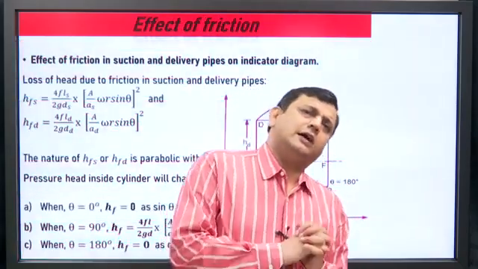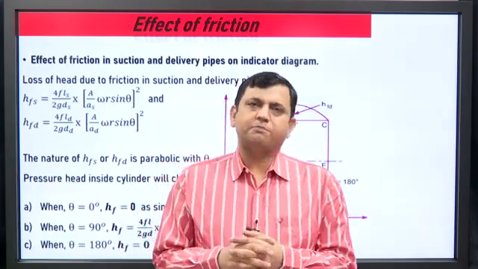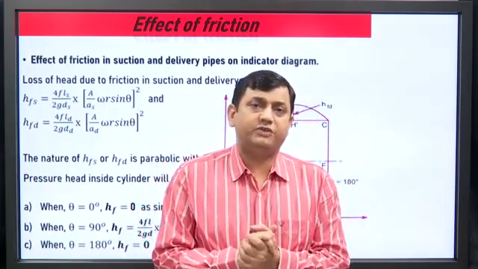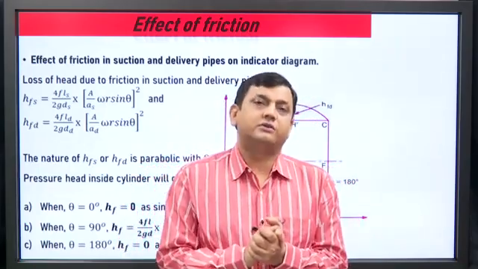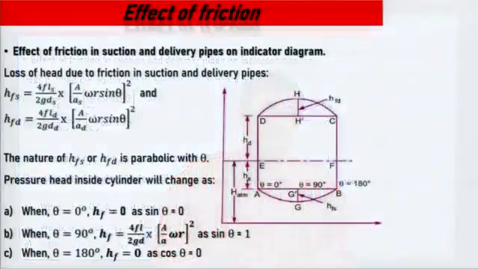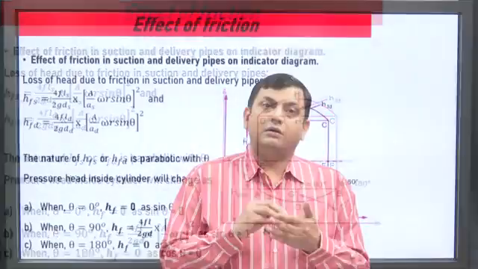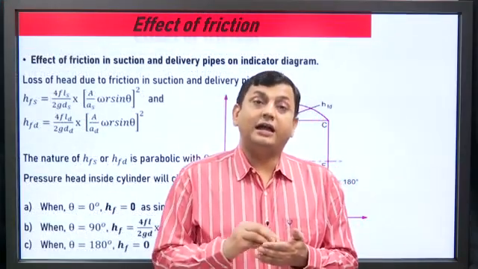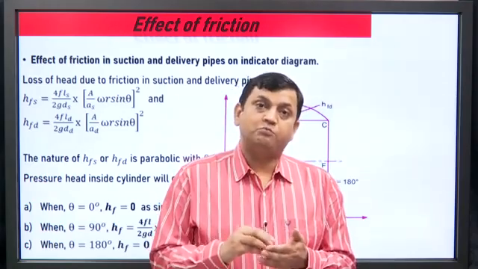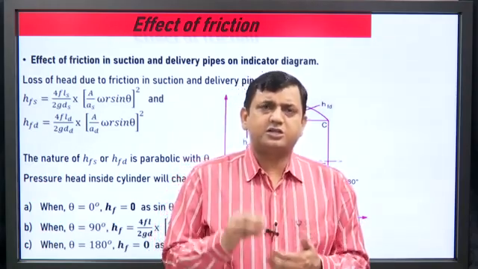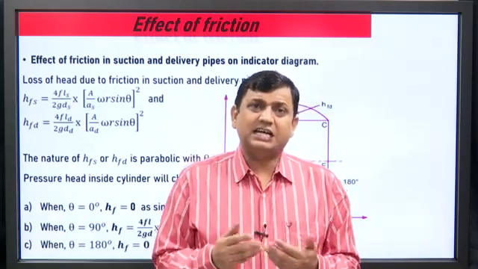In the last session of the reciprocating pump, we discussed the effect of acceleration on the suction and delivery pipe. At the beginning of the stroke we calculated HAS, at the middle of the stroke there is no effect of acceleration, then at the end of the stroke it is the same magnitude, but the sign is negative.